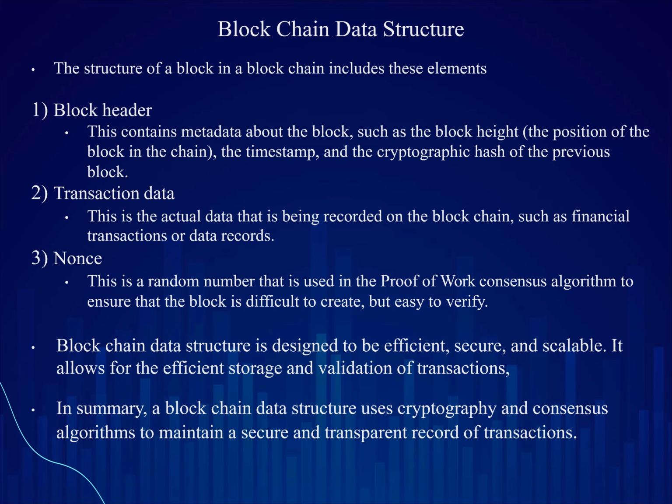Second, transaction data. This is the actual data that is being recorded on the blockchain, such as financial transactions or data records. And finally, the nonce. This is a random number that is used in the proof of work consensus algorithm to ensure the block is difficult to create but easy to verify.